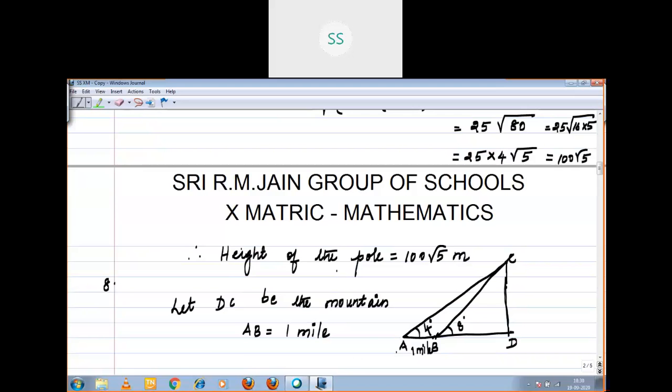Now, let DC be the mountain. What is the distance between AB? AB equals 1 mile.